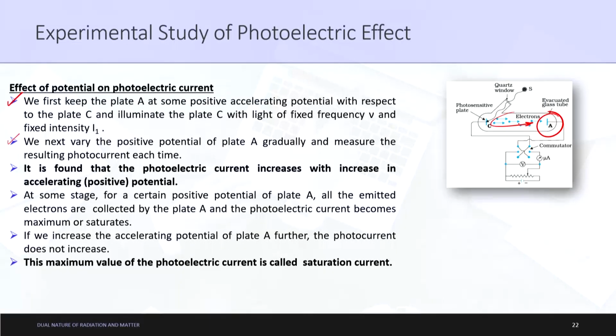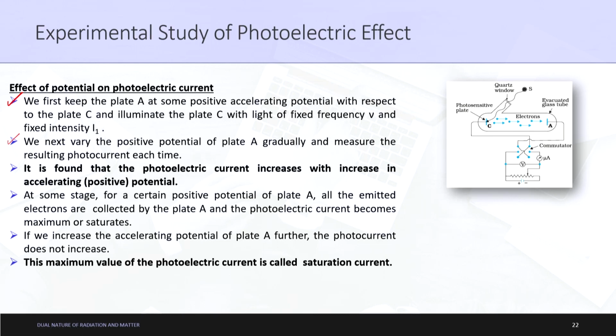The incident light on the emitter plate C has an intensity of I1 and a fixed frequency of nu. The collector plate A is kept at a higher accelerating potential with respect to plate C, and please remember it is positive also. That is why the electrons are being emitted like this. Let us move on with the further discussion.